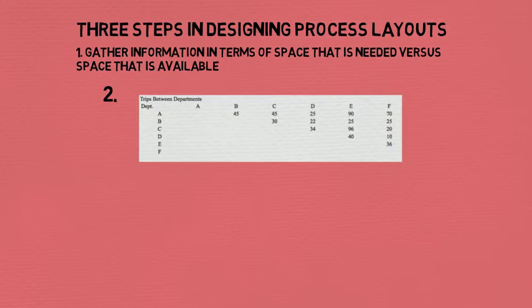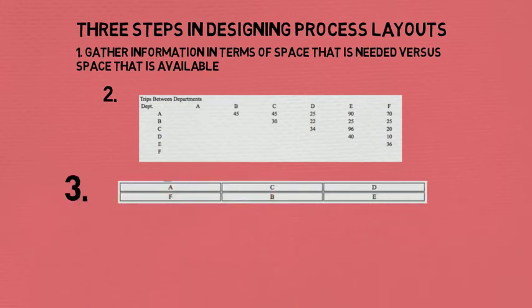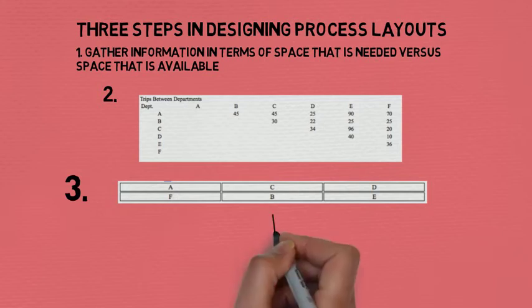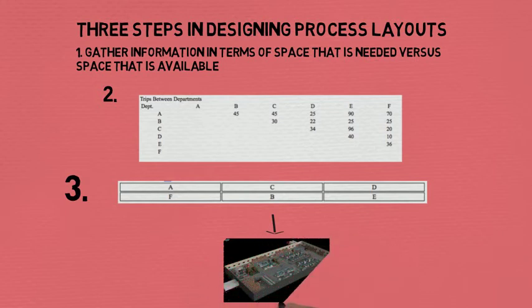You then use trial and error or decision support tools to develop a layout of the departments in order to minimize travel as much as possible. Third and finally, you develop a detailed layout from the block layout where you consider exact sizes, shapes of departments, and work centers, including aisles and stairways. You can then use computer-aided design or 3D models where you create drawings of the facility itself.